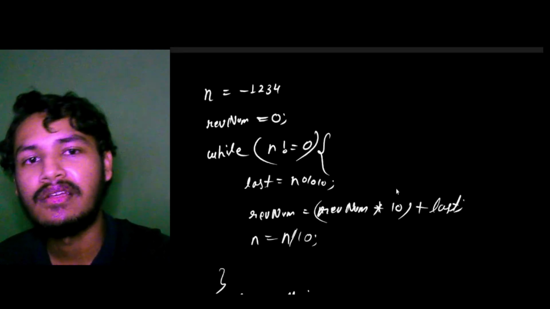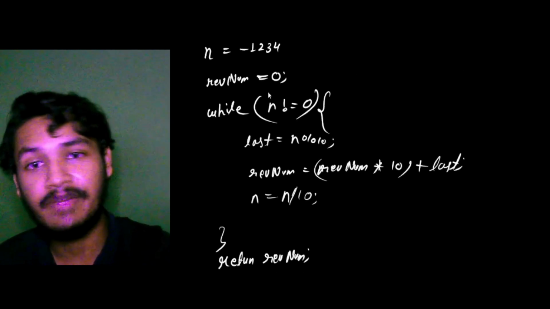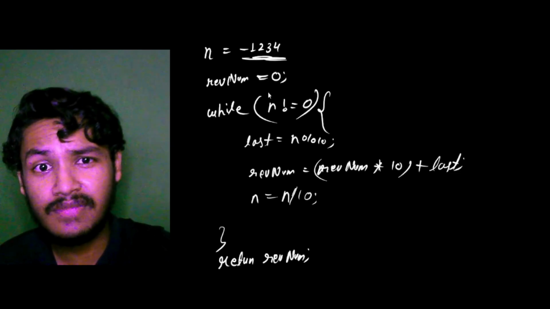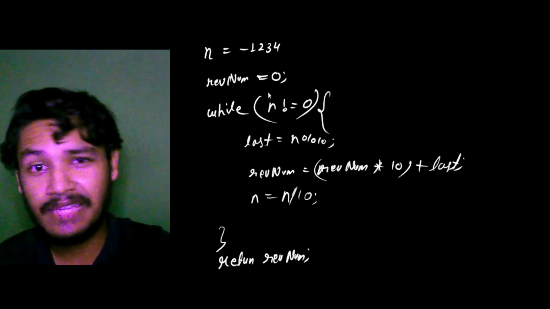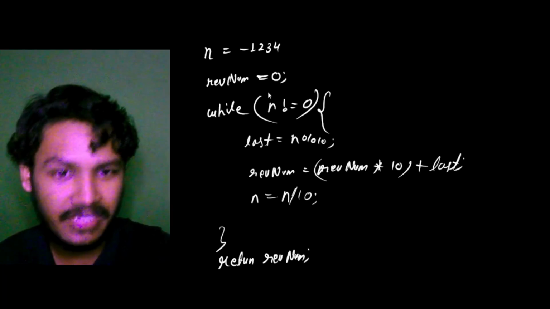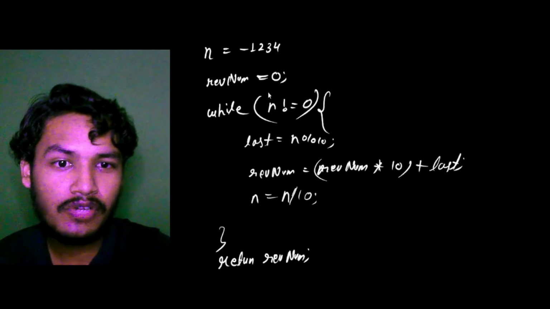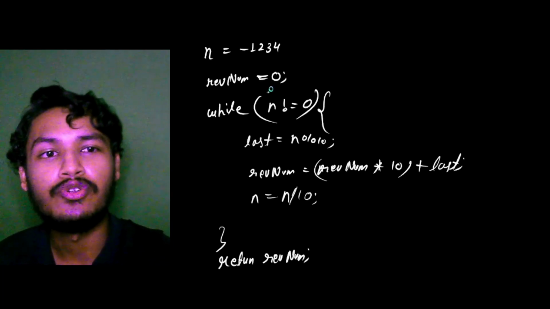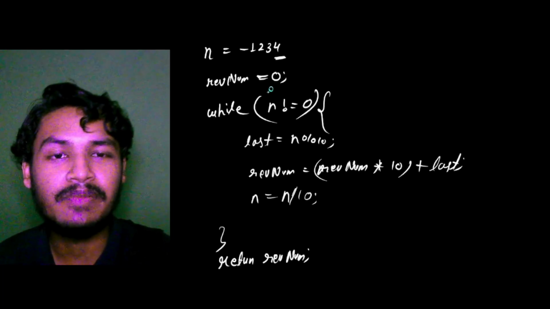Let me try to run this code. So the number is negative 1234, which is not equal to 0. So we are doing modulus of this number, and the last digit will be 4.